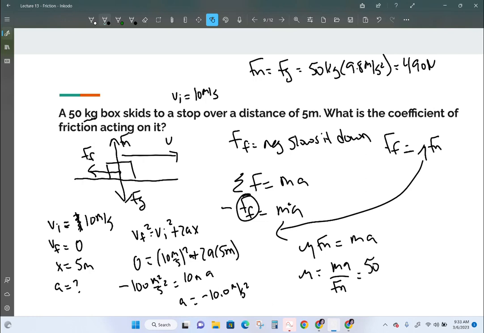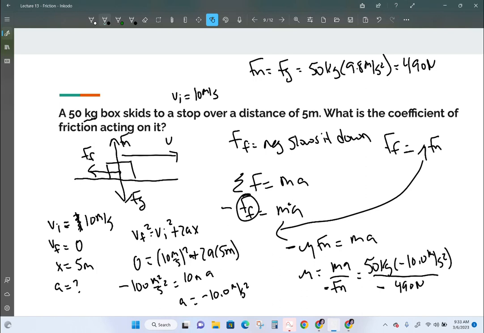M is 50 kilograms times negative 10.0 meters per second squared. Divide, and remember there was a negative here, so I'm just going to distribute that out. Negative, because FF is negative. My Fn is 490.